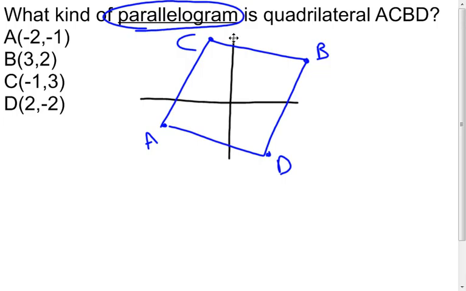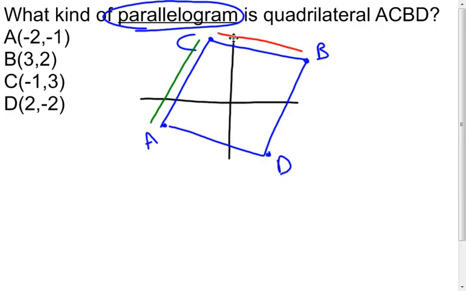So I have to go through and I'm going to check it. I'm going to check to see if it's a rectangle first by looking at the slope of segment AC and the slope of segment BC. If those slopes are opposite reciprocals, I know I have a right angle C, and being I already know it's a parallelogram, if one angle is right, I know they're all right.